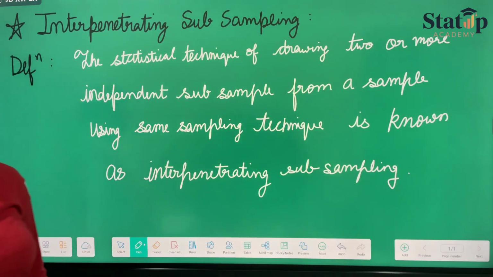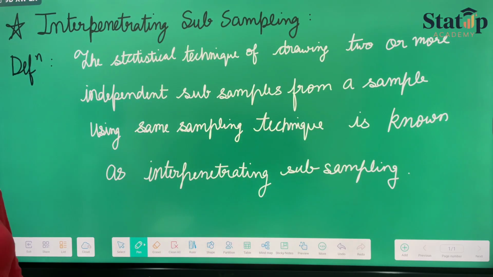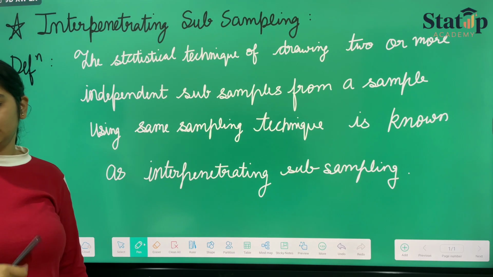So this is how we define it. The statistical technique of drawing out two or more independent subsamples from a sample using same sampling technique is known as interpenetrating subsampling.